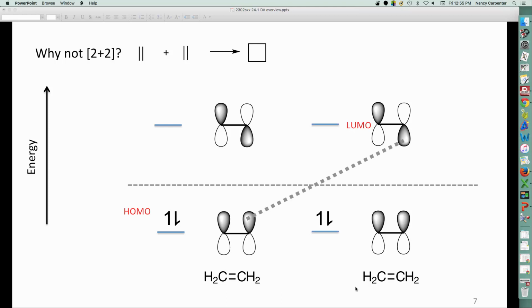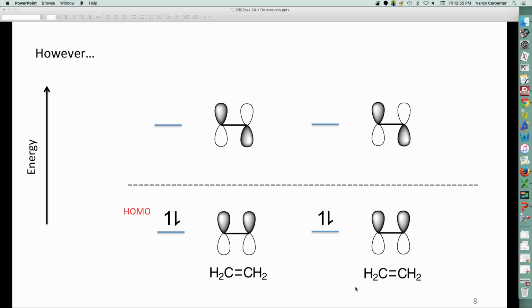While I can get one lobe to match up in the pi system, the other lobe is destructive interference. They're of opposite phase, they'll destroy each other, and there won't be a bond formed. So this is an example of a symmetry forbidden reaction. It doesn't happen, because the HOMO and the LUMO don't match up.